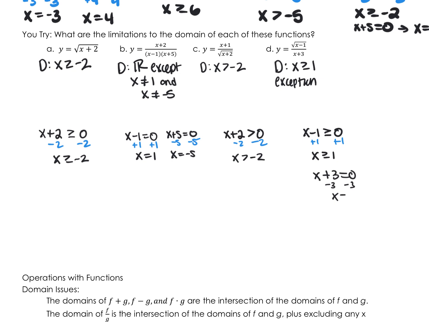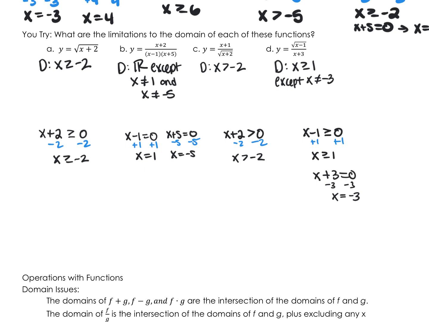So we have an exception. I don't know why I wrote exception. Just accept is what I really wanted to write. Except x cannot be negative 3.